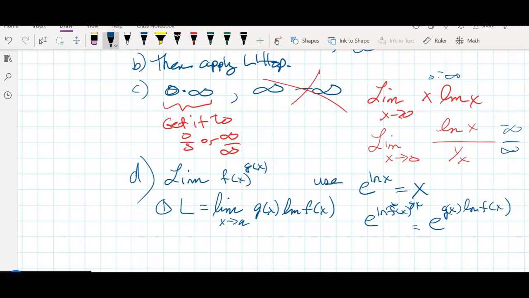Okay? This is a great problem because it uses everything. What usually happens here is you end up with 0 times infinity. So you end up with something like this, which means you then have to get it into this form, and then you have to use L'Hopital's rule.